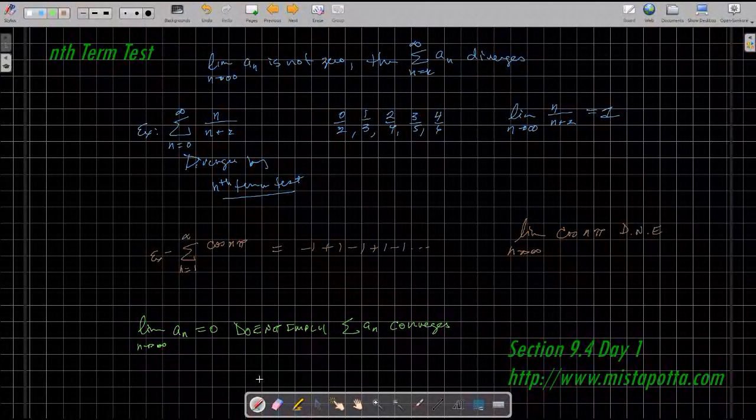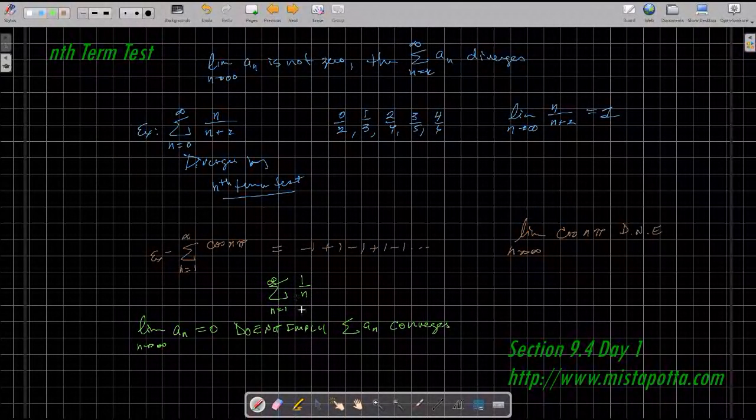There's a famous one that we're going to be dealing with a lot in the rest of this chapter, something called the harmonic series, which is the sum from n equals 1 to infinity of 1 over n.